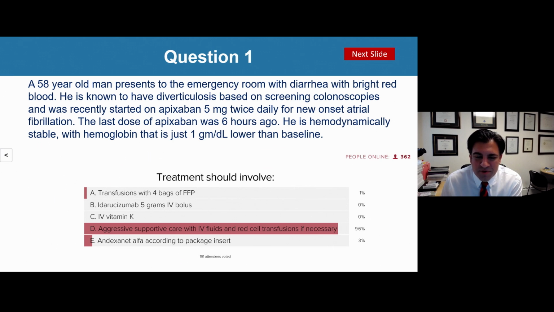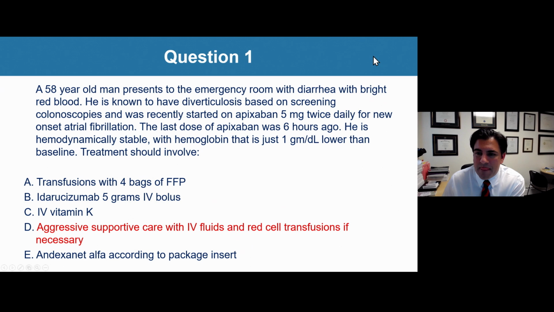So it sounds like the vast majority of people have chosen D, aggressive supportive care with IV fluids and red cell transfusion if necessary, with a few people choosing andexanet alfa or transfusion with 4 bags of FFP. And the answer, as most of you checked, is aggressive supportive care with IV fluids and red cell transfusions if necessary. So the patient does have bleeding and has known diverticulosis. He's on a direct oral anticoagulant, but he's hemodynamically stable.